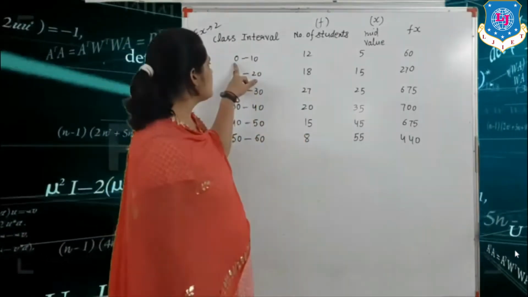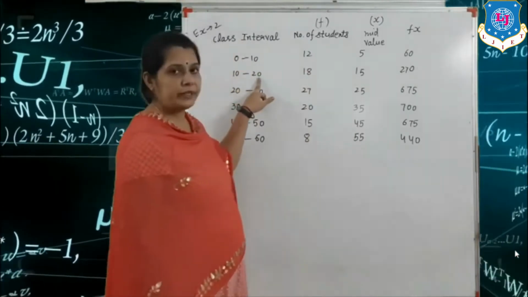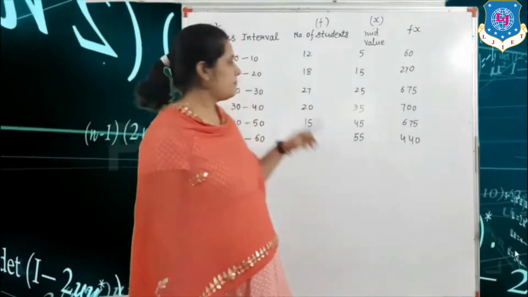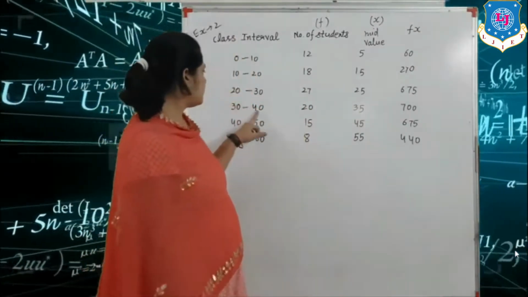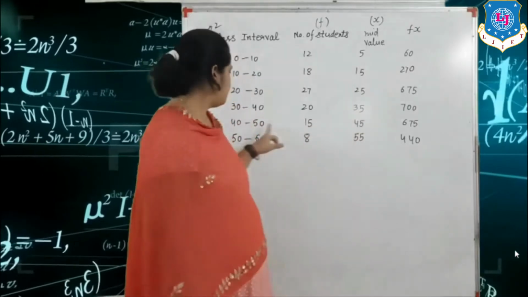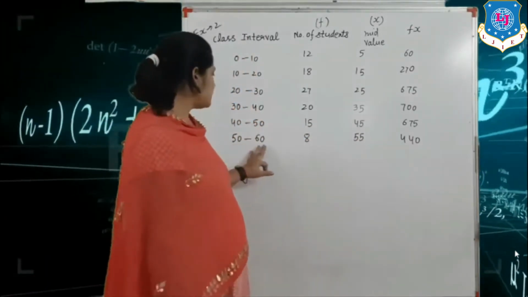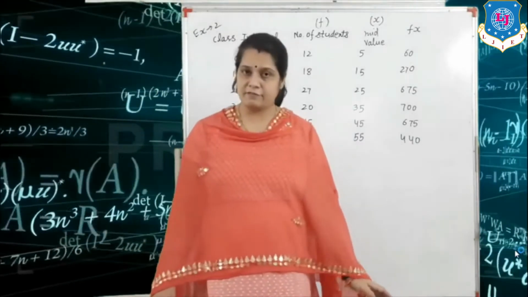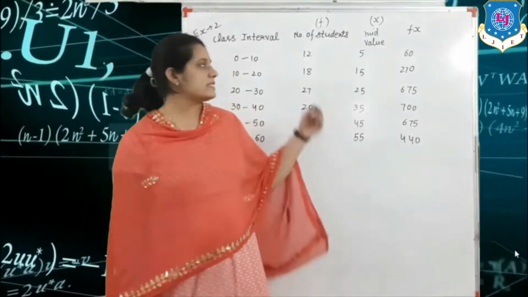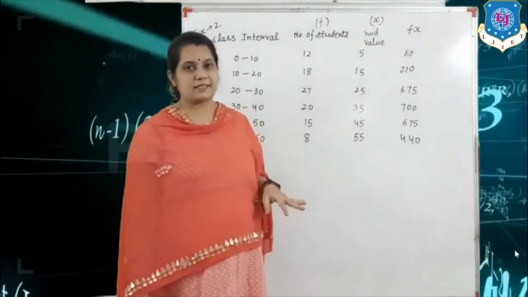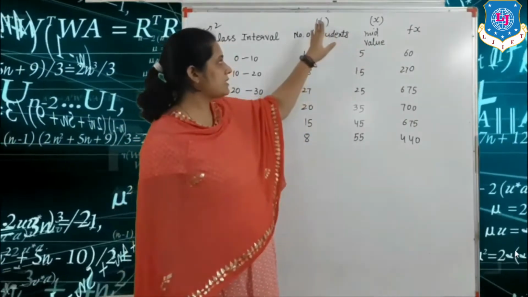For 0 to 10, the mid value is 5. 10 to 20, mid value is 15. 20 to 30, mid value is 25. 30 to 40, mid value is 35. 40 to 50, mid value is 45. And 50 to 60, mid value is 55. So first, we mark the column of the mid value, and this is your column of x.